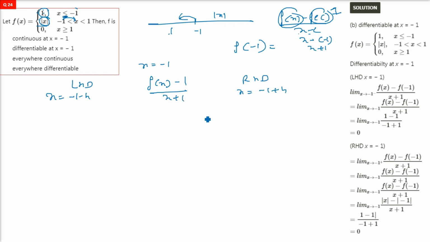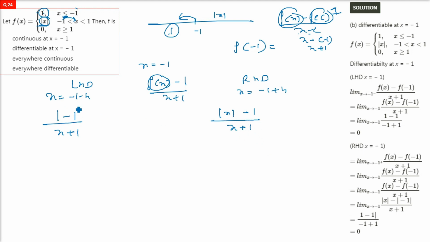You just have to replace f(x) first. For that, you will write limit x tends to -1 minus, and limit x tends to -1 plus. So on the left, (1 minus 1) divided by (x plus 1). On the right, because f(x) we have replaced by 1 for the left hand derivative, for the right hand derivative you have to replace it by modulus x: (modulus x minus 1) by (x plus 1).